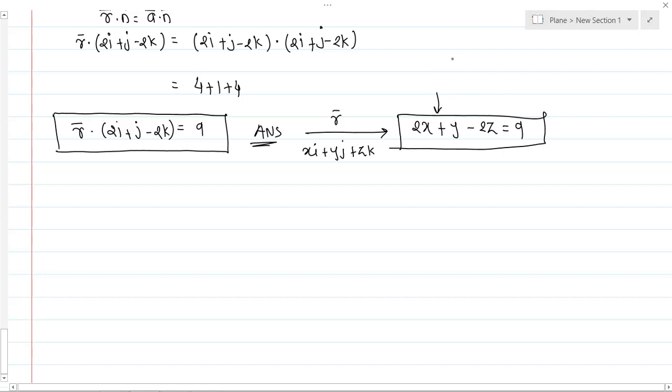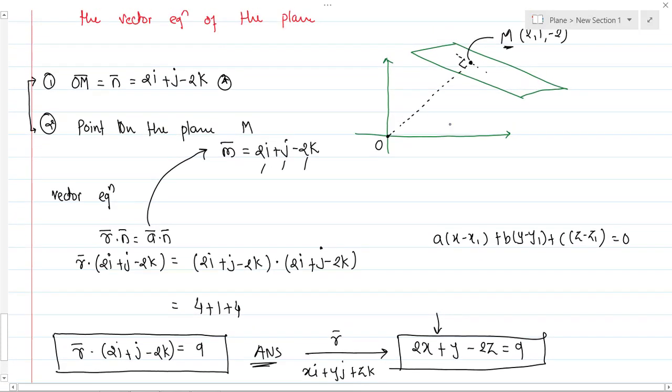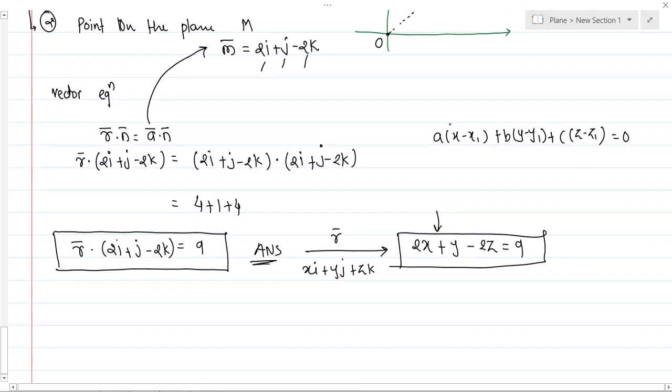Originally this is a into (x minus x1) plus b into (y minus y1) plus c into (z minus z1) equals 0, where a, b, c are 2, 1, -2 and x1, y1, z1 are 2, 1, -2, the coordinates of the point M. I hope you get how to get the equation of a plane.